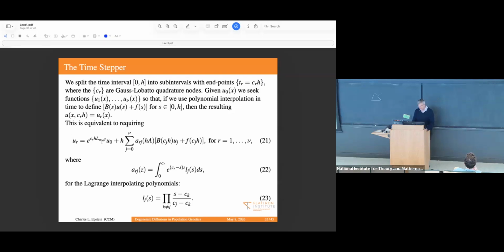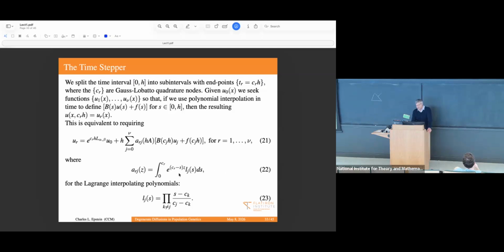So what is this equivalent to? Well, you should write out the whole thing as a linear system. So u sub r, that is the solution that we seek at time t sub r, is the background heat kernel, e to the c_r h L alpha beta, applied to the initial data, plus a sum over the history evaluated at each of these points c sub r h, where a_rj of h alpha beta is this exponential integral.